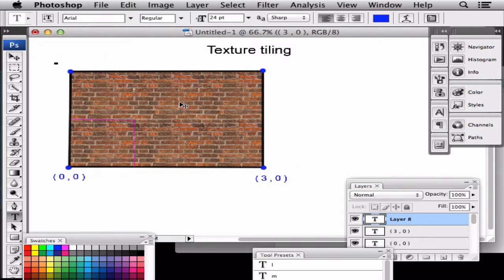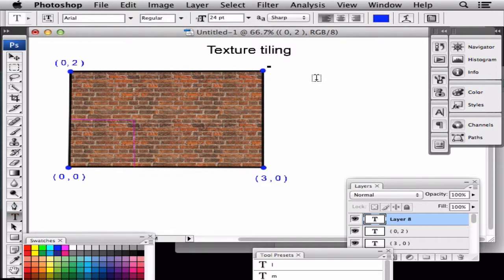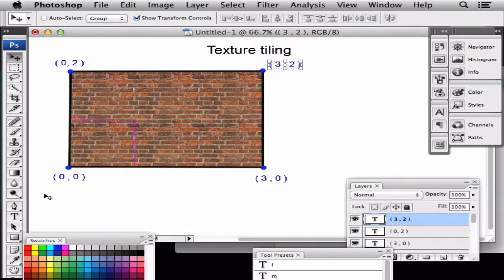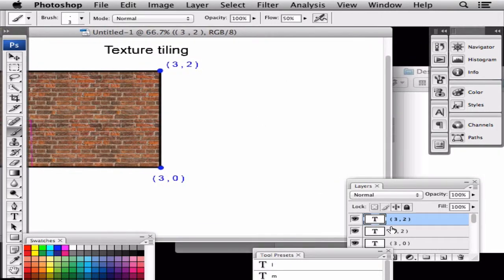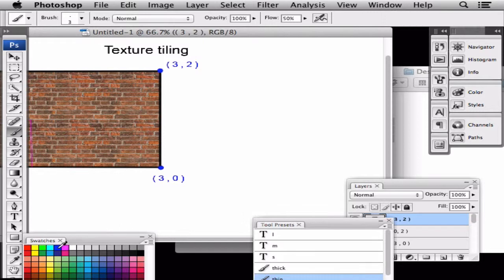And up here there's only 2. 1 and then 2. Here it's like 3, 2. Just wanted to draw it in another way over here.